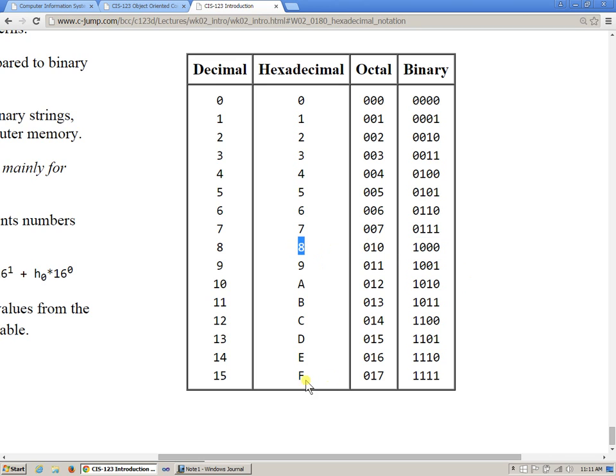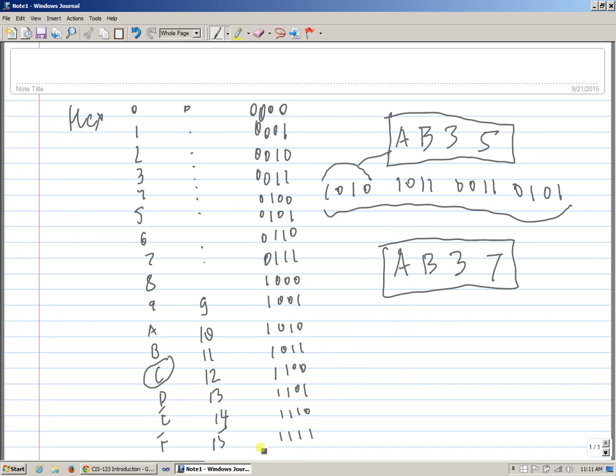So just remember that anytime you do a conversion from hexadecimal to a binary version, each hexadecimal digit, such as A, B, 3, and 5, contributes four binary digits to the ultimate answer, what this bit pattern is in terms of zeros and ones.